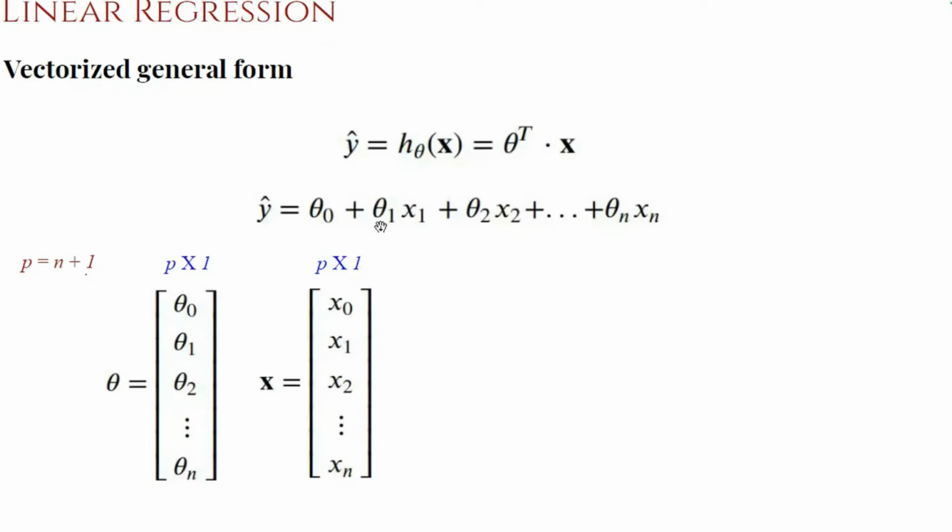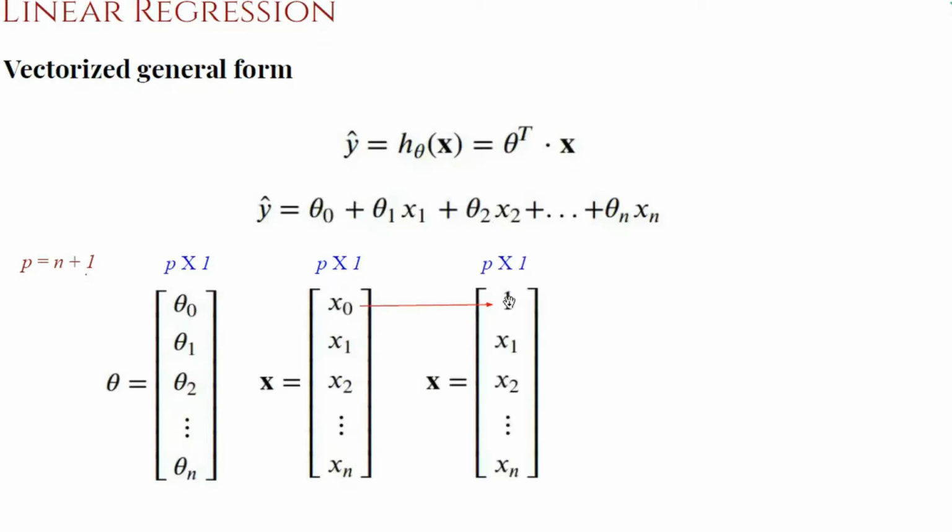We say theta 1 is the coefficient of x1, theta 2 is the coefficient of x2. But what is theta 0 the coefficient of, because we don't have a term x0 here? If you think of theta 0 also as a coefficient, then it is the coefficient of 1. So the value of x0 should be exactly 1.